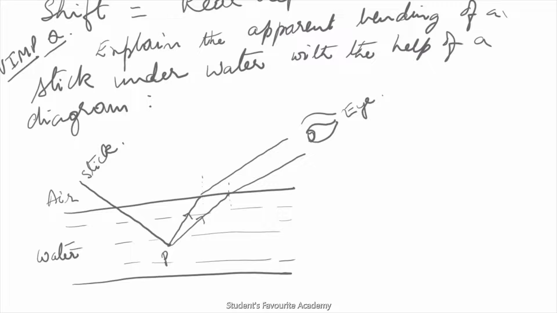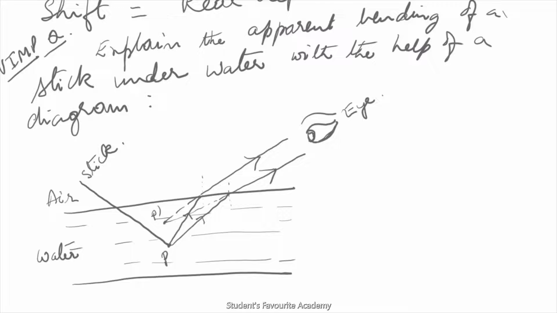Sorry for the artistic skills, I am not very good at drawing the eye. So you are viewing from here. Now these are the refracted rays, right? Now when you produce them backwards, they meet at say P dash. So this point P dash is the virtual image of the point P.